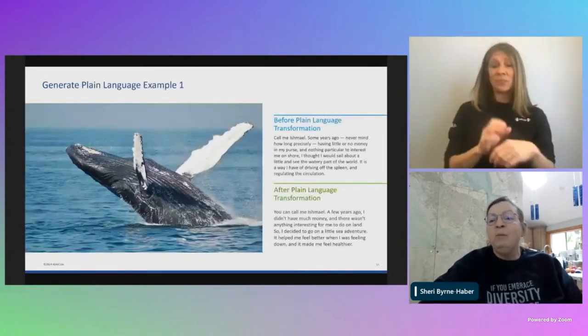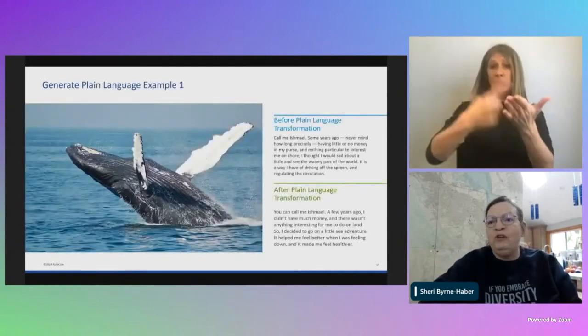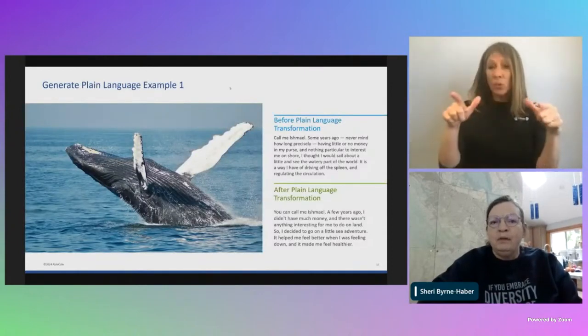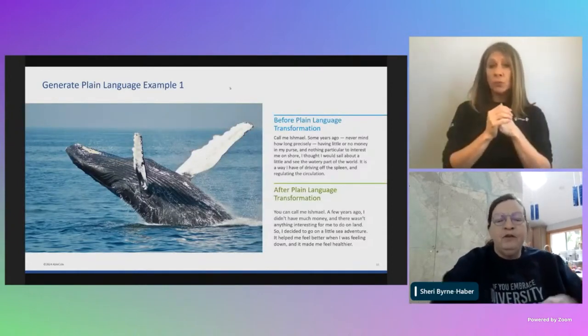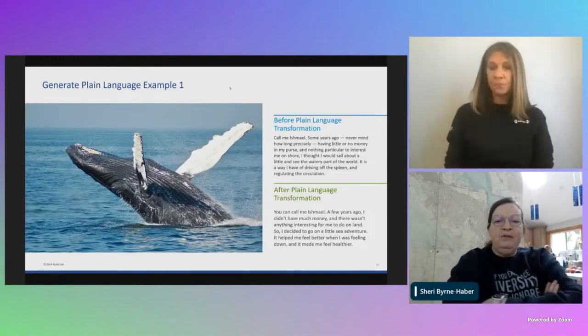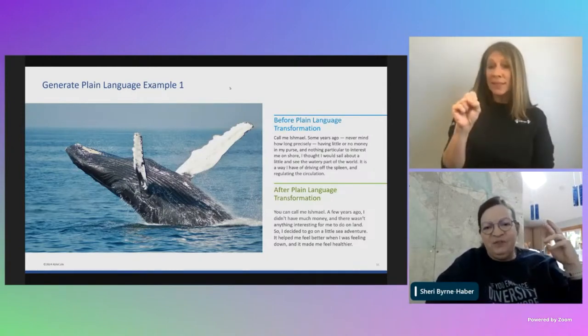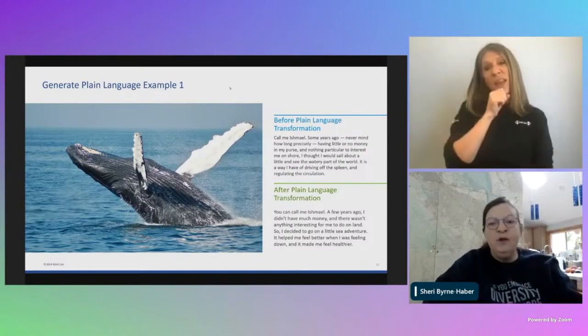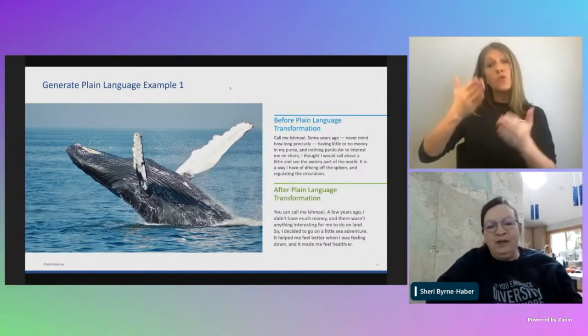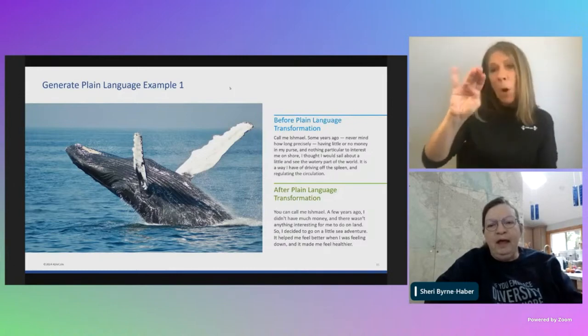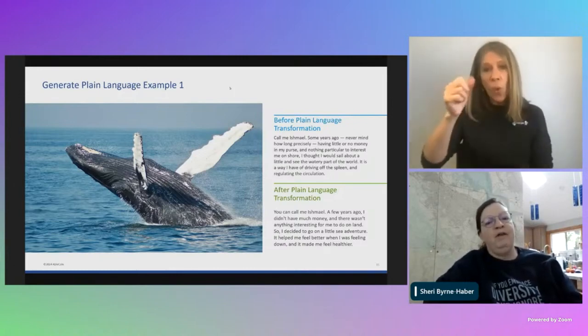Okay, now I'm going to be talking about a plain language example. So if you lived in the US and you're above the age of, let's say, 35, you probably had to read Moby Dick when you were in high school. And everybody knows the first paragraph of Moby Dick.